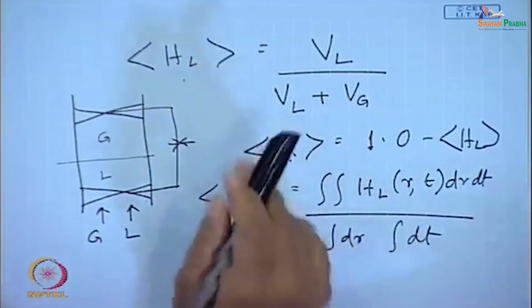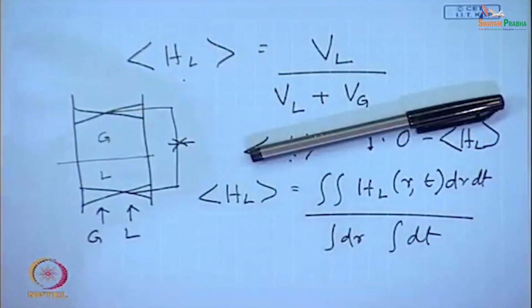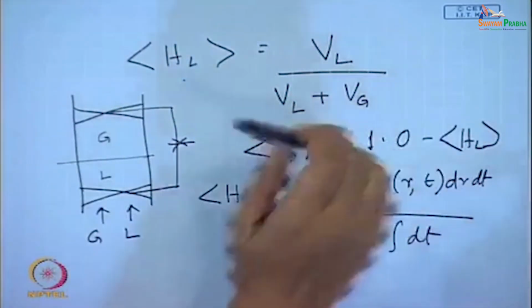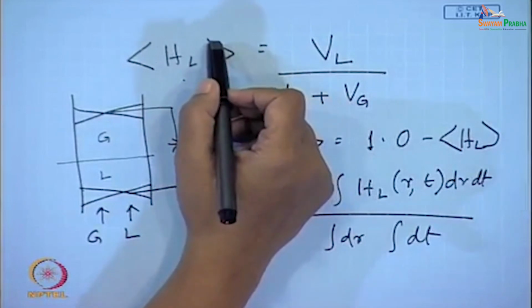Now, remember one thing, that we have measured HL as the volume fraction of the total volume which is occupied by the liquid phase, or in other words we specify the in situ composition in terms of the volume fraction. And this is the actual definition.